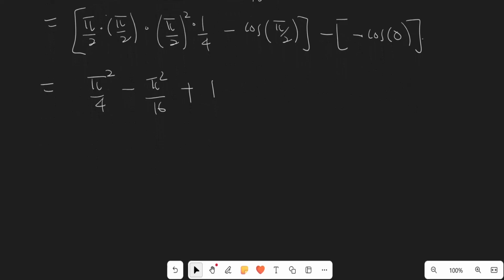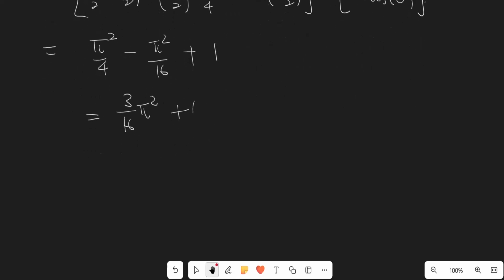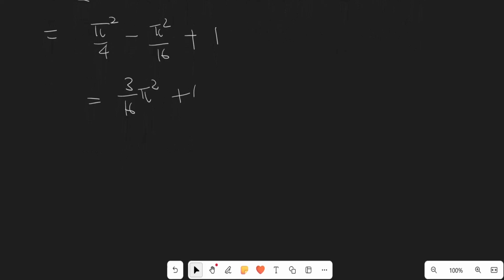So pi squared over 4 minus pi squared over 16, that is 3 over 16 pi squared, I guess. Yes, that is it, plus 1. And this should be the value of our integral. So in the end, our integral evaluates to 3 over 16 pi squared plus 1.